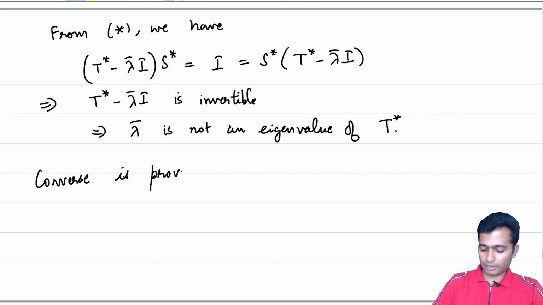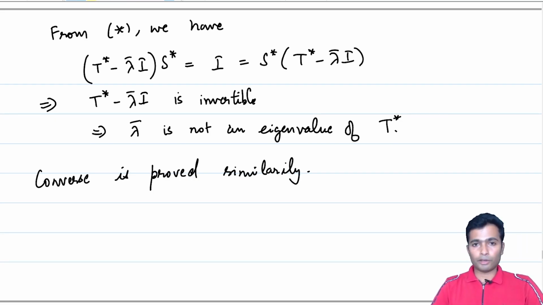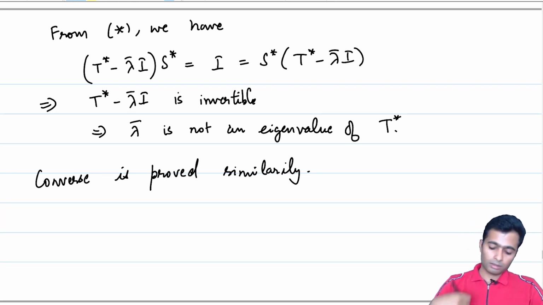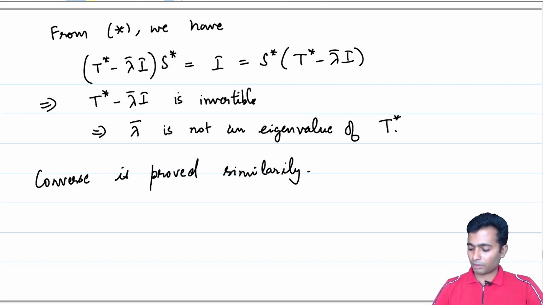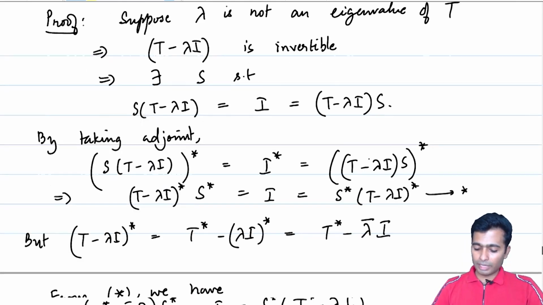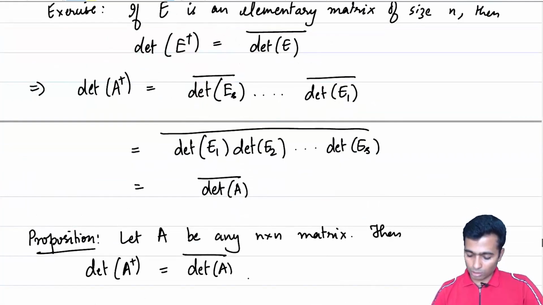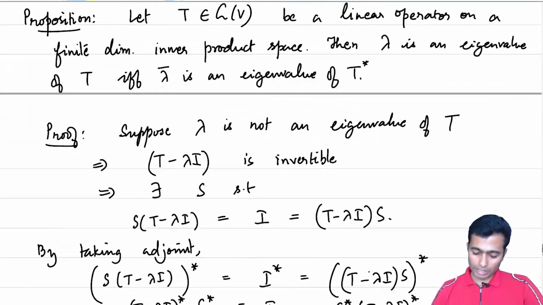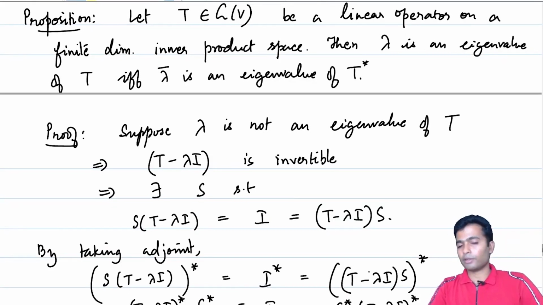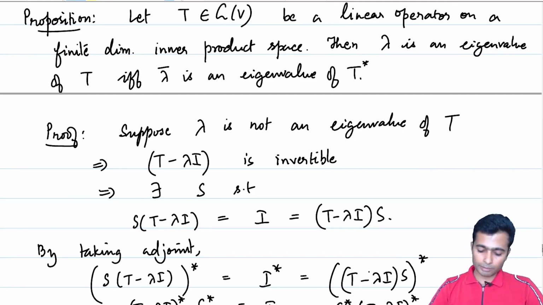I will leave it as an exercise for you to check that if lambda bar is not an eigenvalue of T star, then lambda is not an eigenvalue of T. And with that, we would have concluded that the contrapositive of both the statements have been proven, and hence lambda would be an eigenvalue of T if and only if lambda bar is an eigenvalue of T star. Okay, so that is the relationship between the eigenvalues of T and eigenvalues of T star.